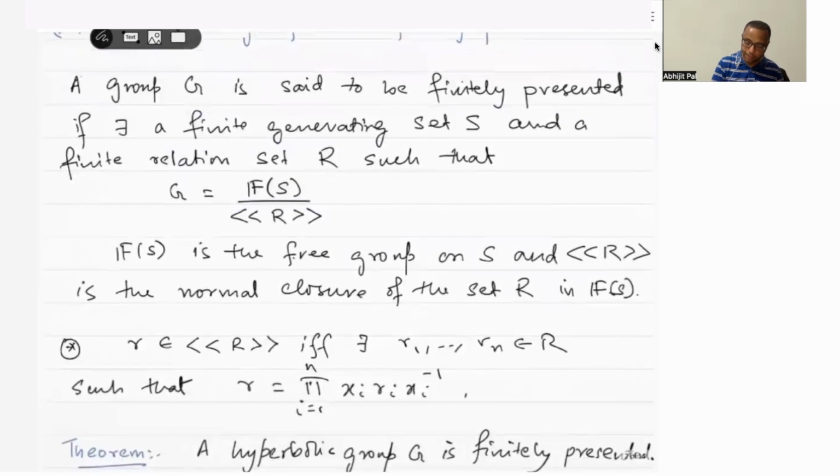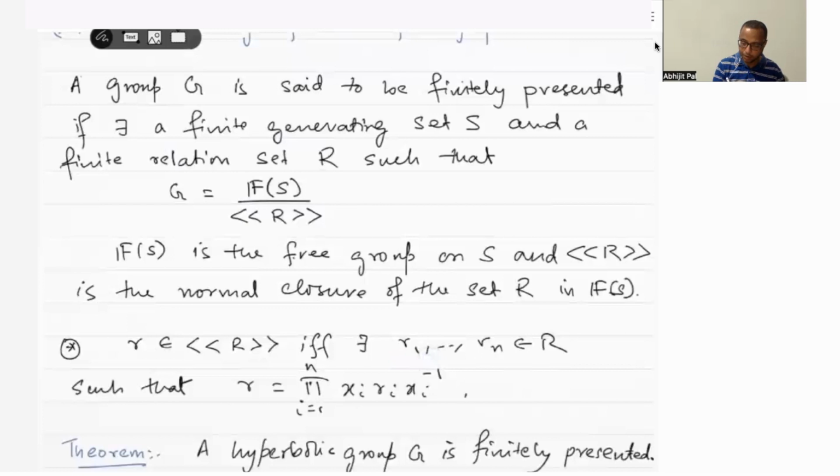Now note that if I take any element r belonging to the normal closure containing this R, then there exist finitely many elements R1, ..., Rn in R such that r is a product of conjugates of the Ri.